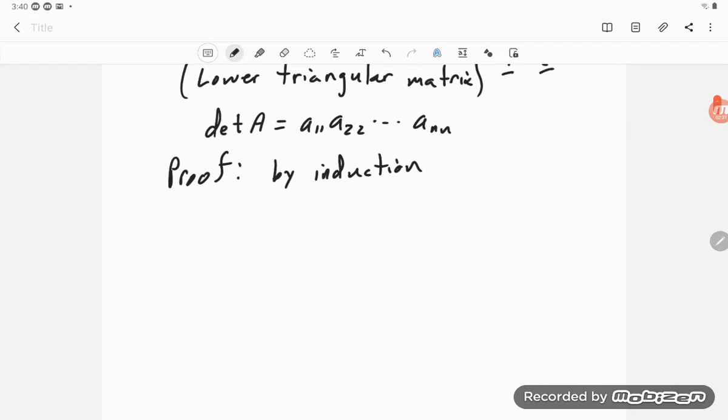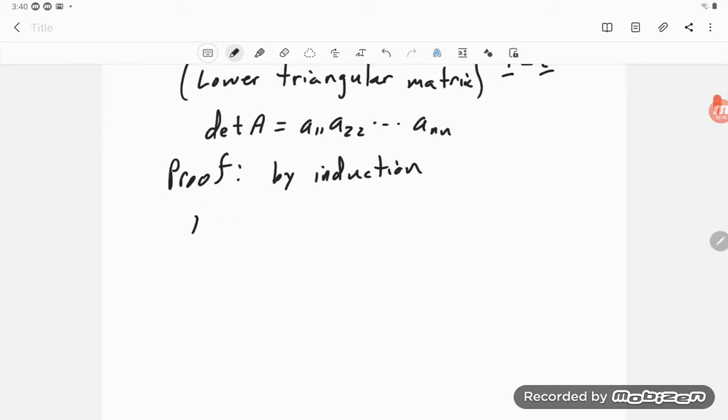So, it seems like if we're going to do induction, probably we want to start with n equals 2, and that's what they do. So, for n equals 2, what we're talking about is that A would equal A11, 0, A21, and A22.